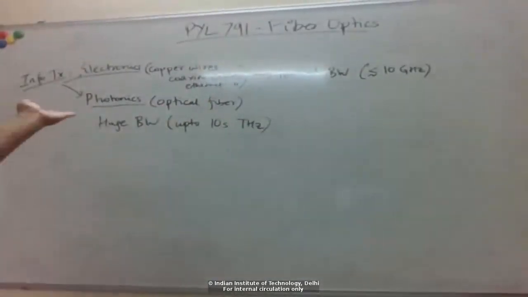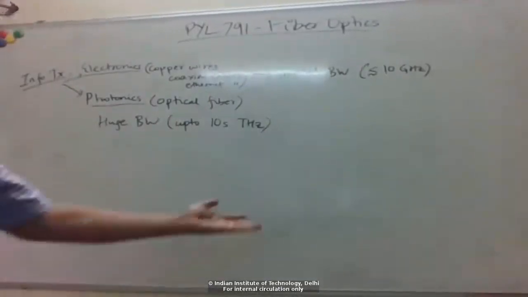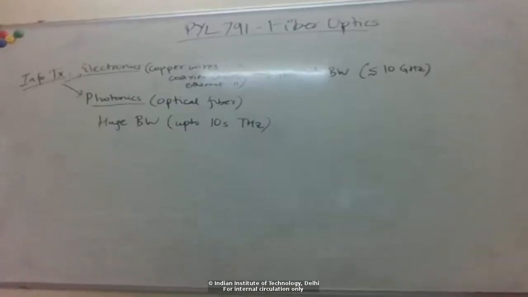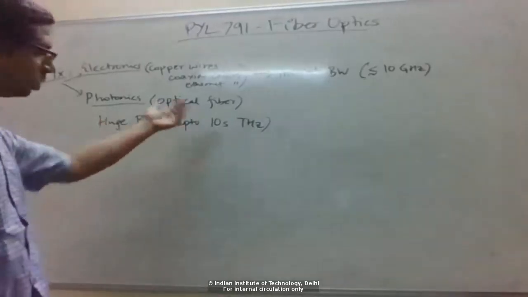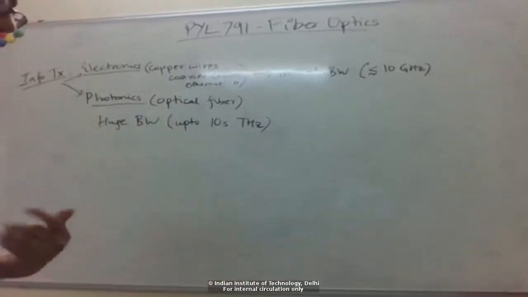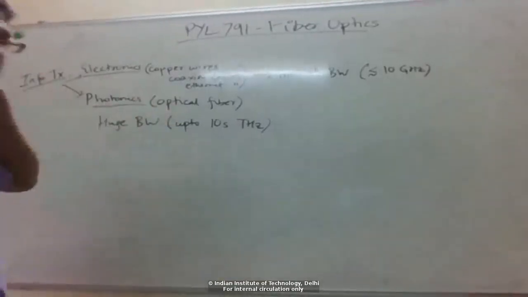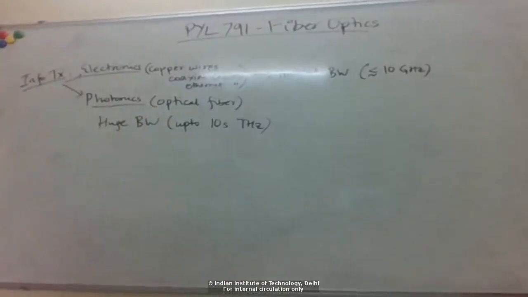That, for example, has enabled us to stream high definition videos over the internet, because we can send a huge amount of data in parallel over optical fibers. So that's one huge advantage of going from electronics to photonics.